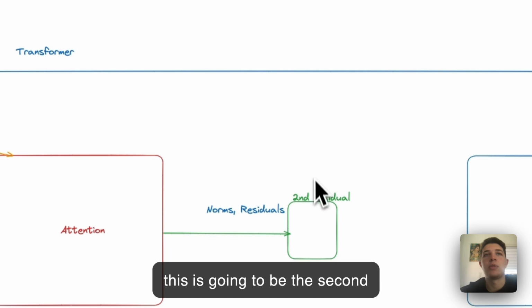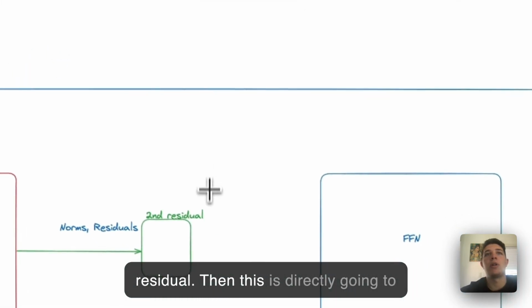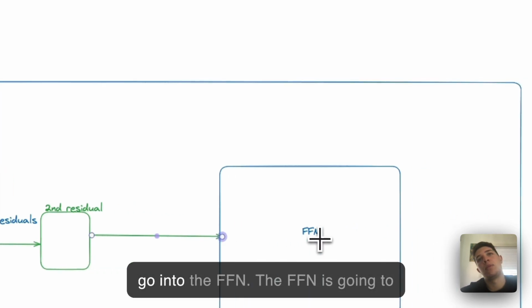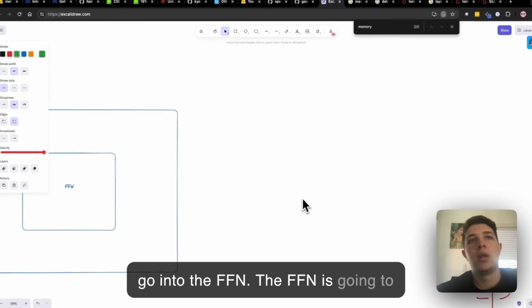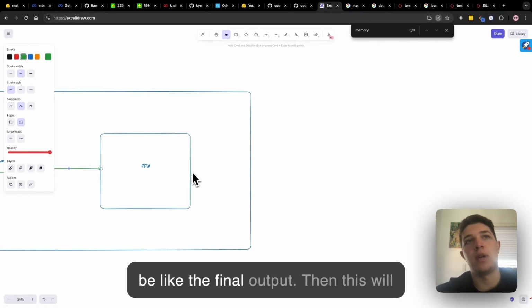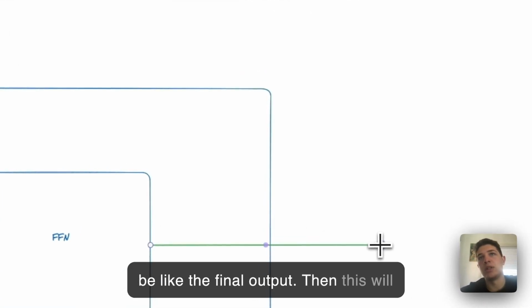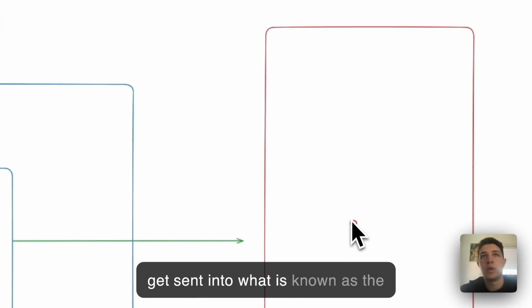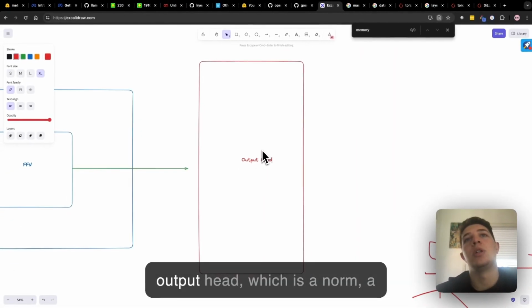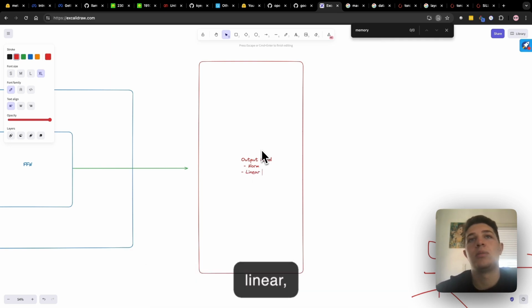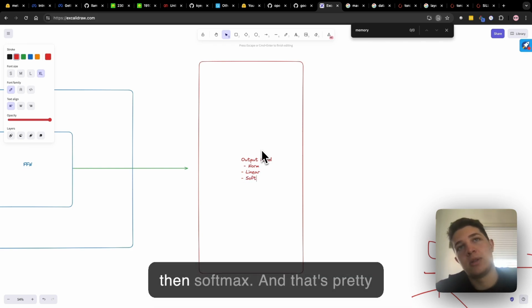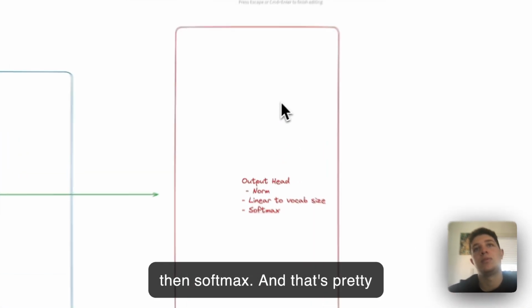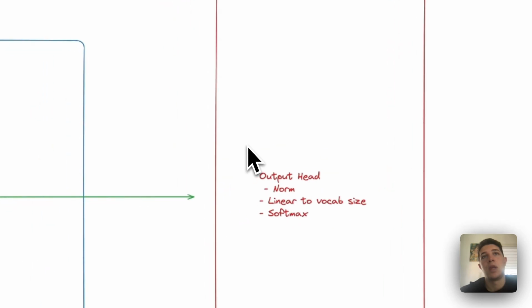So this is going to be the second residual. Then this is directly going to go into the FFN. And then the FFN is going to be like kind of like the final output. And then this will get sent into what is known as the output head, which is a norm, a linear, and then softmax. Linear to vocab size.